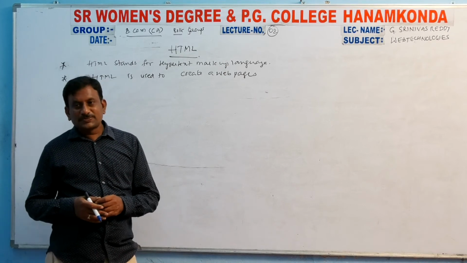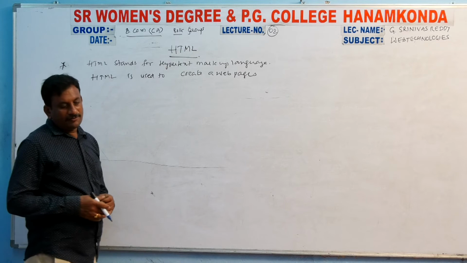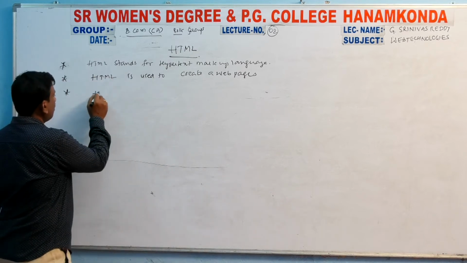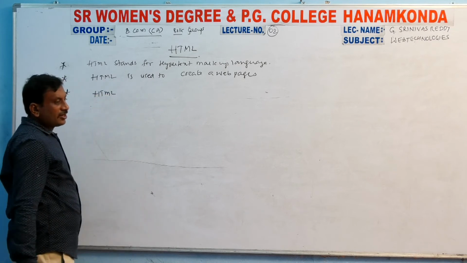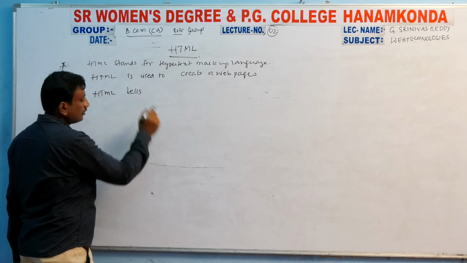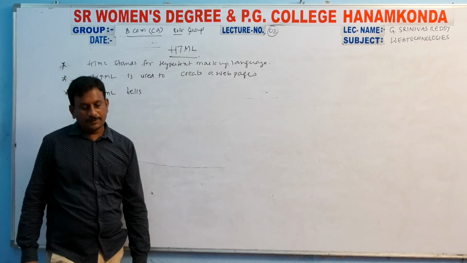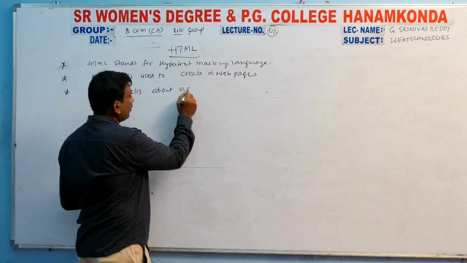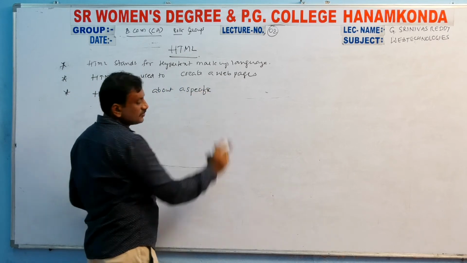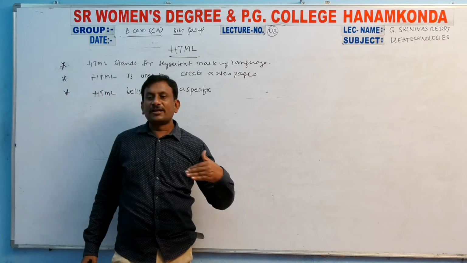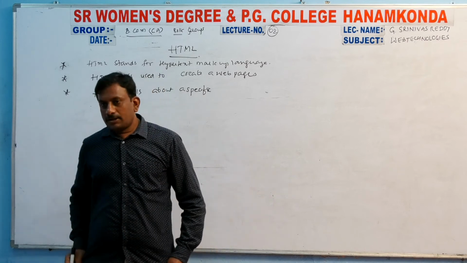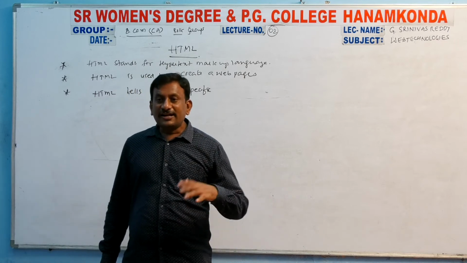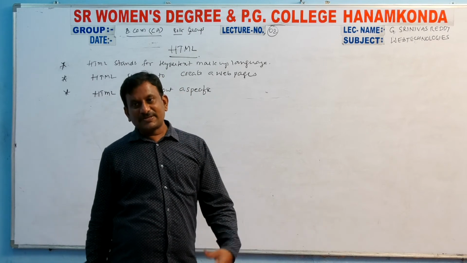tells about the specific structure and format of a web page or file. For example, if you write C programming, some structure will be there. C++ will have some structure too. If you write HTML, some specific structure will be there.